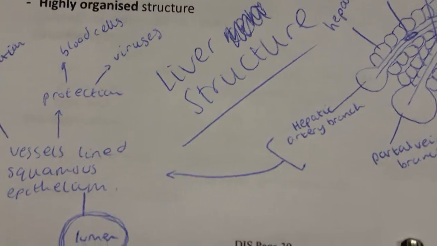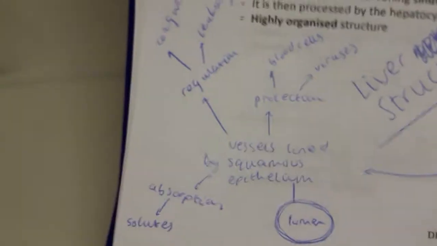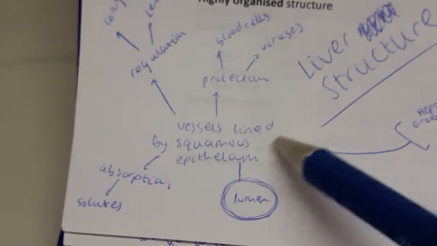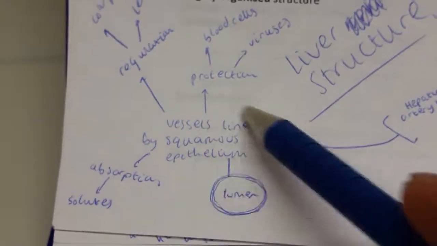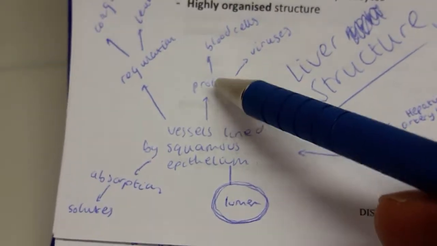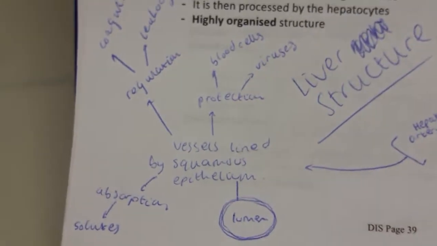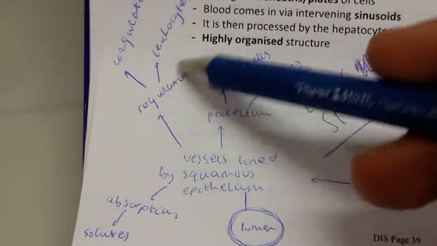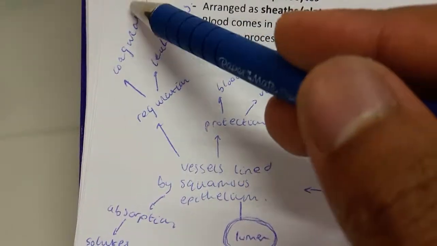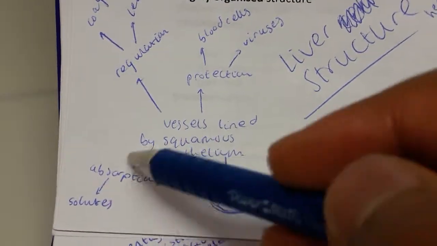So the hepatic artery branch, let's have a look at the lumen of the artery and the layers of the artery. The vessels are lined with squamous epithelium, and the purpose of this is protection against blood cells and viruses, regulation of leukocytes, regulation of coagulation, and also absorption of solutes.